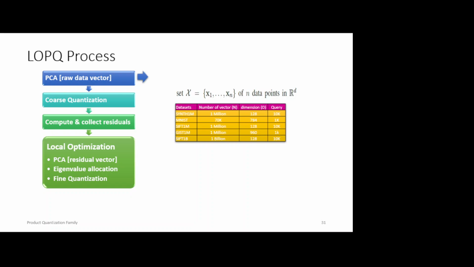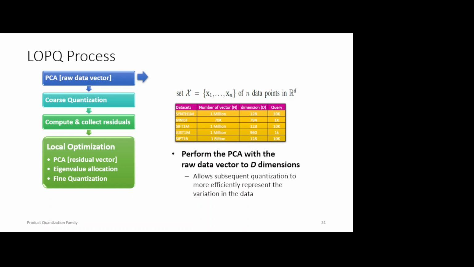When you perform the PCA, you can reorder the dimensions according to their eigenvalues. It means the more important eigenvector you should put first as the first dimension.